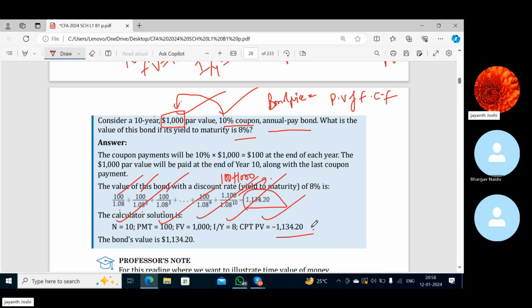Then type 1000 and click on FV. Then type 8 and click on I/Y, and then click on compute, and then click on PV. You will get 1134.20. Since it is the investment you are making for getting a redemption value of $1,000 after 10 years, this is your investment.